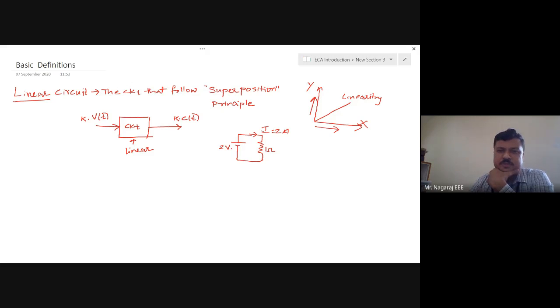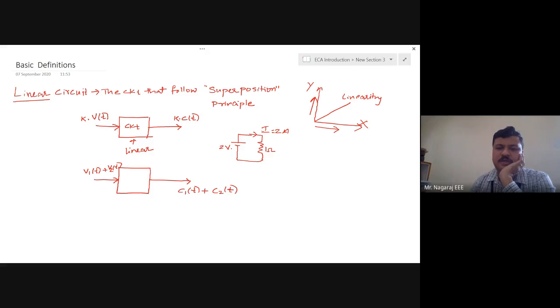Then what the superposition principle means is, suppose I am applying a set of inputs to a system or a circuit. Let it be V1 of t plus V2 of t, and if I get output C1 of t plus C2 of t, this is linearity.